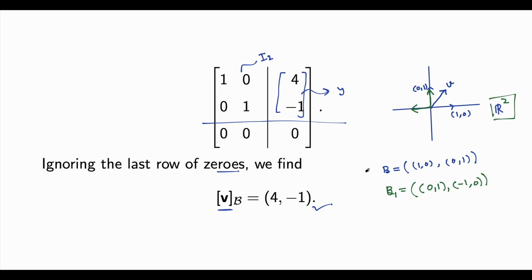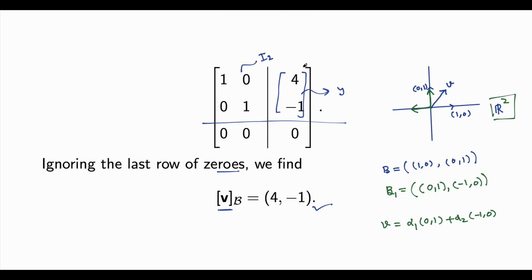Now the question is, any vector V can be written as a linear combination of alpha 1 times (0, 1) plus alpha 2 times (-1, 0), and we solve for alpha 1 and alpha 2.